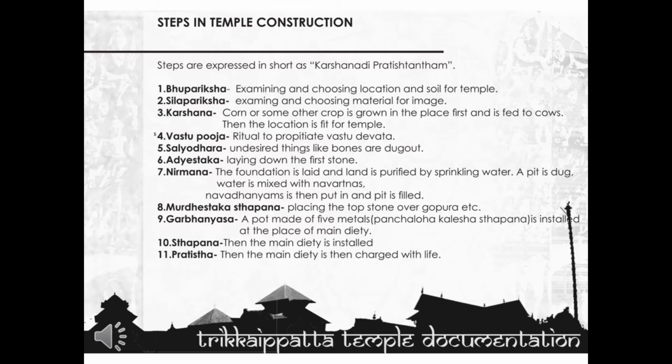Then the location is fixed for the temple. Then the last steps like Garbhanyasa, that is a pot made of five metals is installed at the place of the main deity. Next, Sthapana, that is the main deity is installed, and last and final, the Pratishtha, that is the main deity is then charged with light.